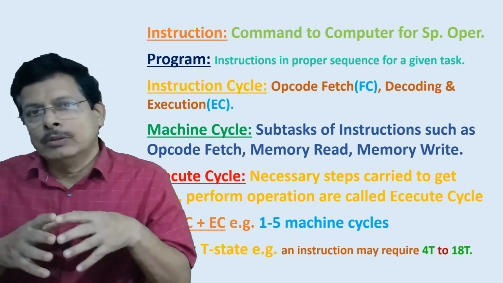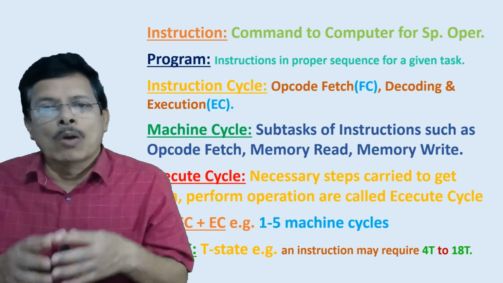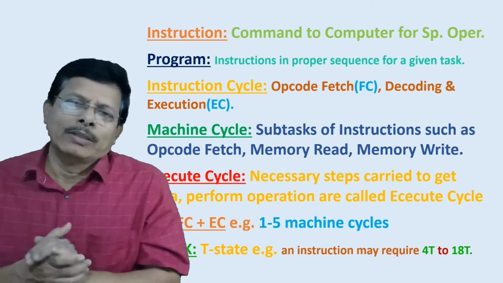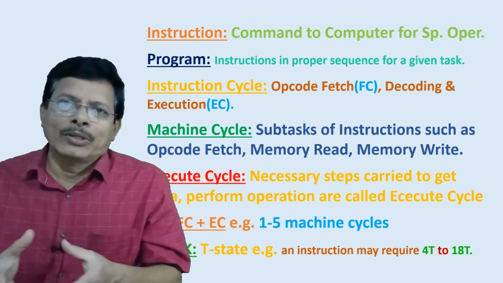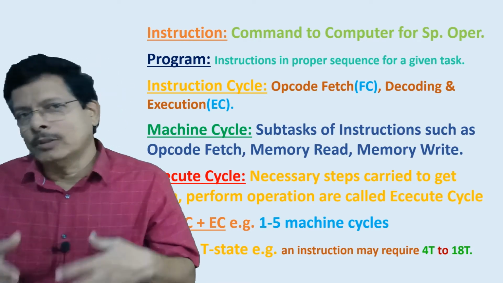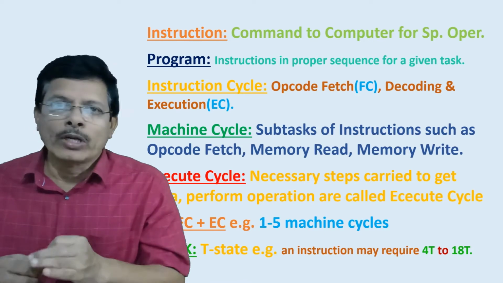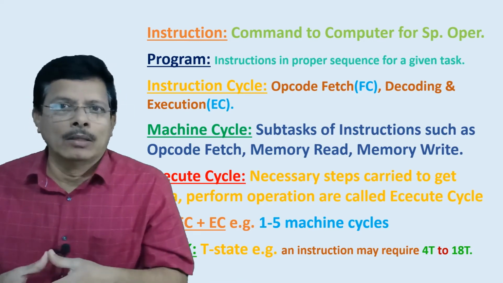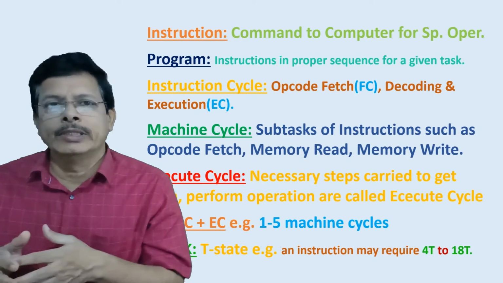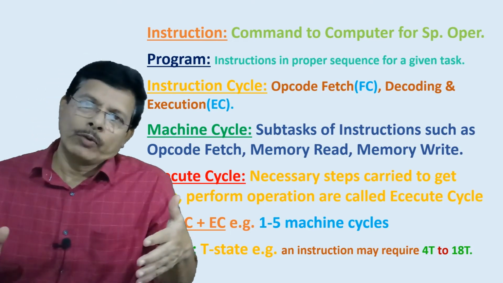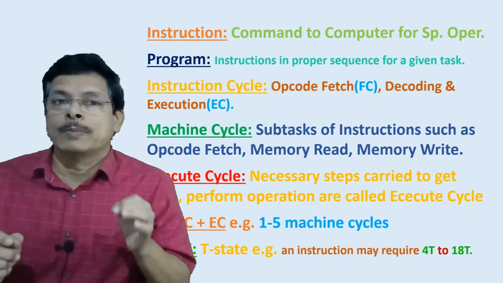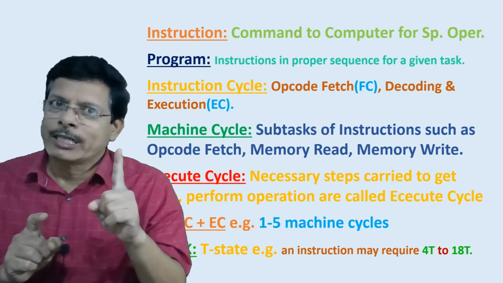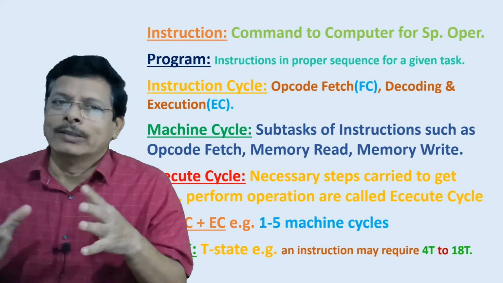Now I want to introduce the concept of clock and T-state. In the first unit we discussed that all the operations of a microprocessor or computer are time coordinated by a common time base. We call it a clock. Actually, the clock for a computer is nothing but a free running square wave oscillator which has a specific time period. One time period duration is called 1T, 2T, like this.